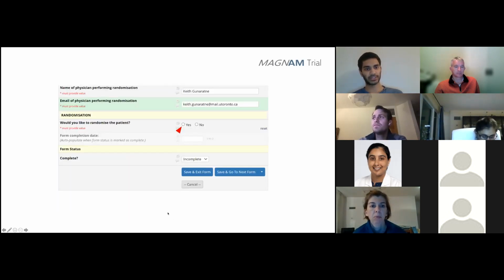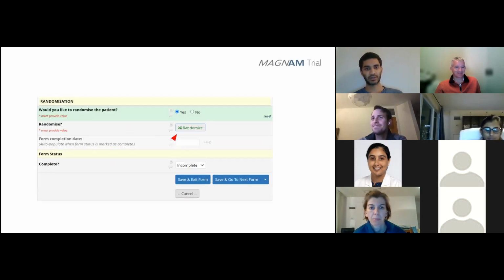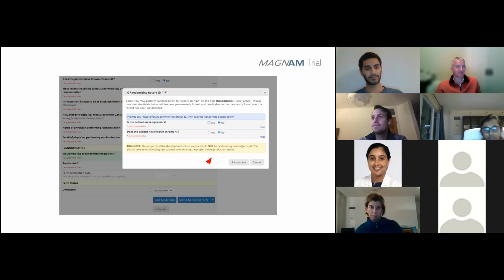And then it will ask you whether you would like to randomize the patient. Hopefully we'll click yes. And then when you go to the next screen there, you'll see once you've clicked yes, you get a button that says randomize. Click the randomize button. And it just asks you to verify the stratification variables. This is important.